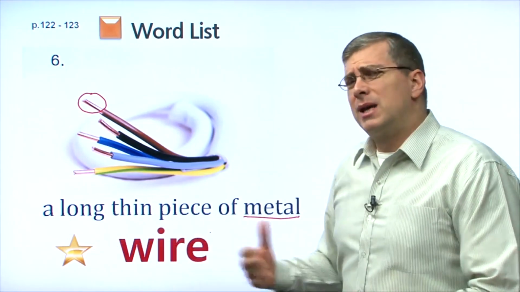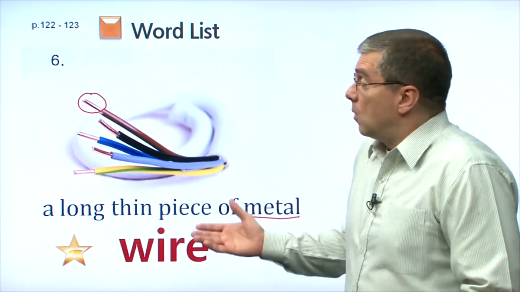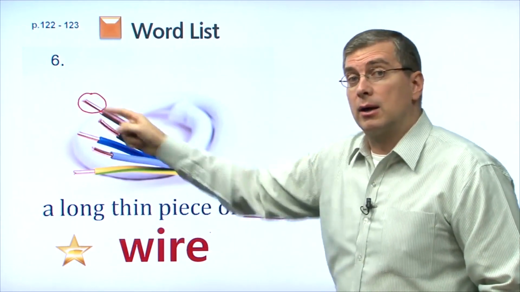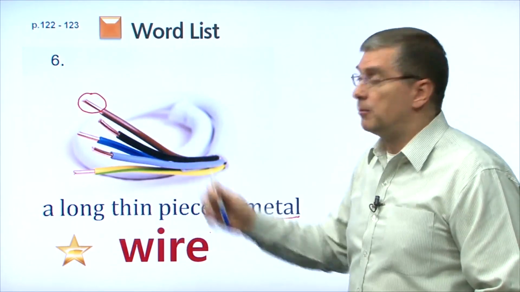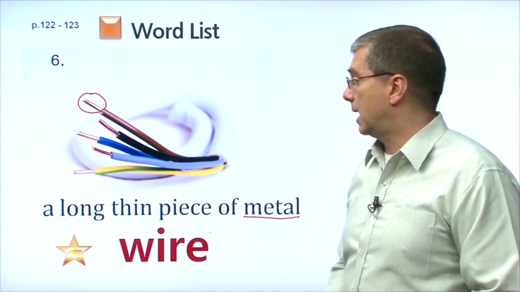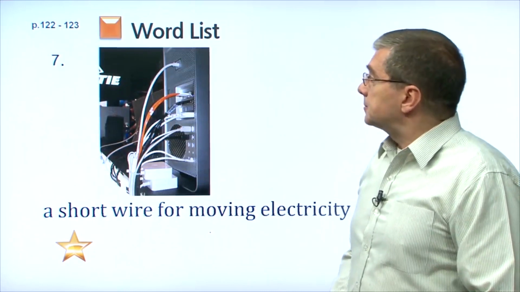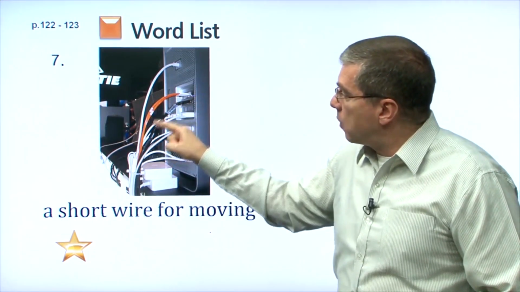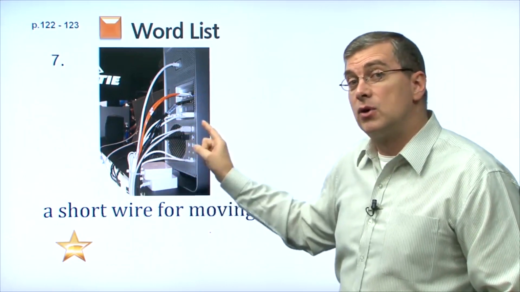Wire. Why are we concerned about wire? Electricity moves through the wire, goes to your outlet, and that's important. So there are wires inside your house. Okay? The wires are inside your house, but you also have wires on the outside of your computer.